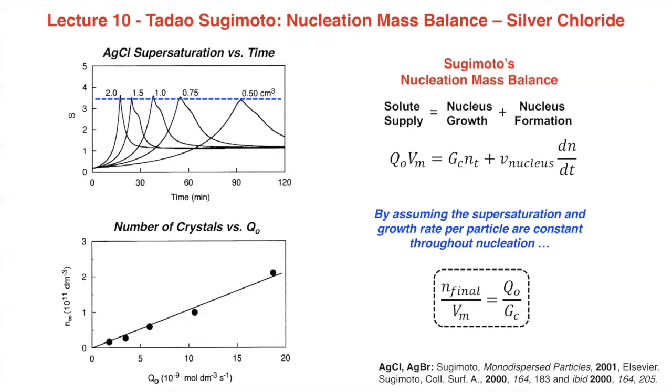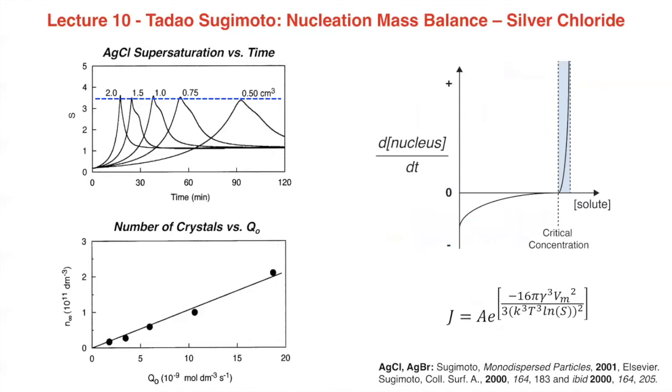So in addition to the rate of the reaction controlling the number, the other very important aspect of this is how the growth rate influences the number. I think I've said this enough times already, but this is the nucleation rate, so changing concentration with time versus the solute concentration. As the solute concentration approaches the critical concentration and then exceeds it, the nucleation rate turns on very steeply.